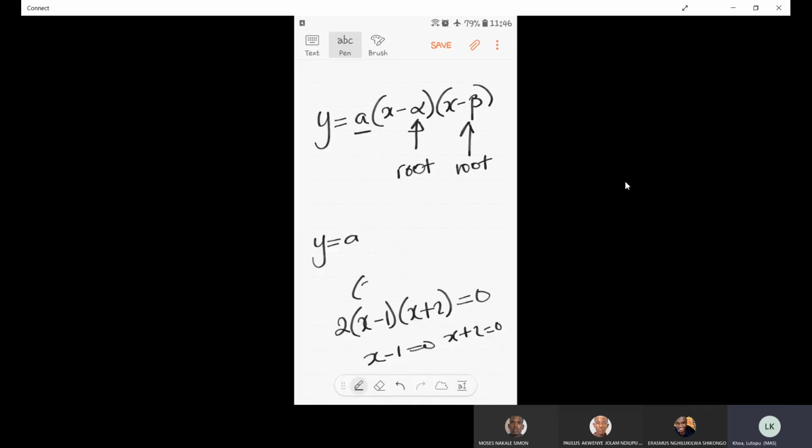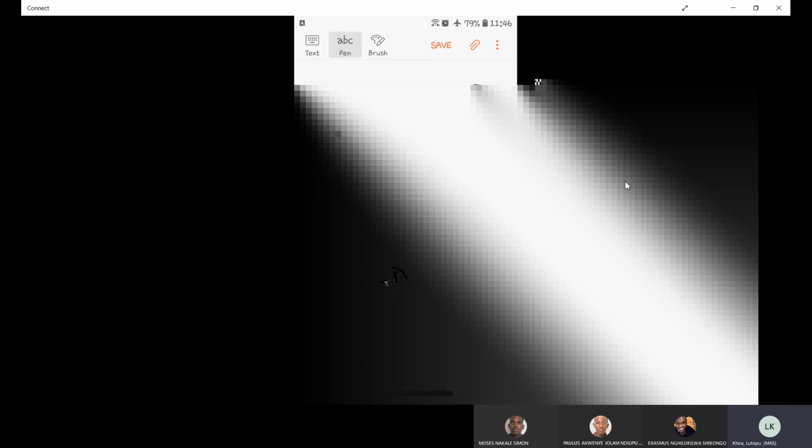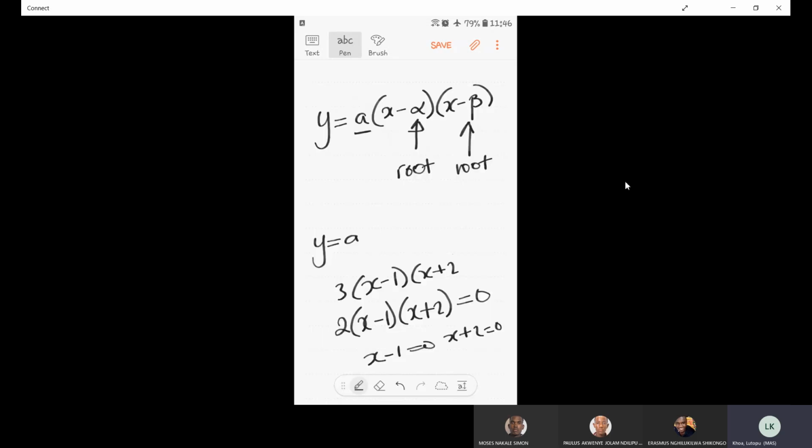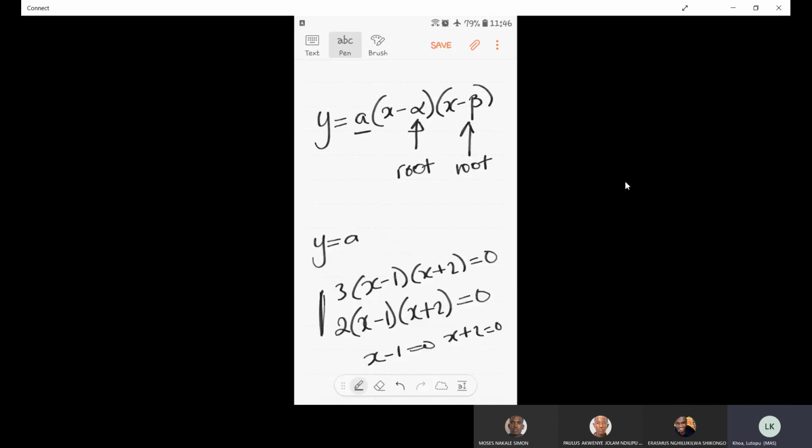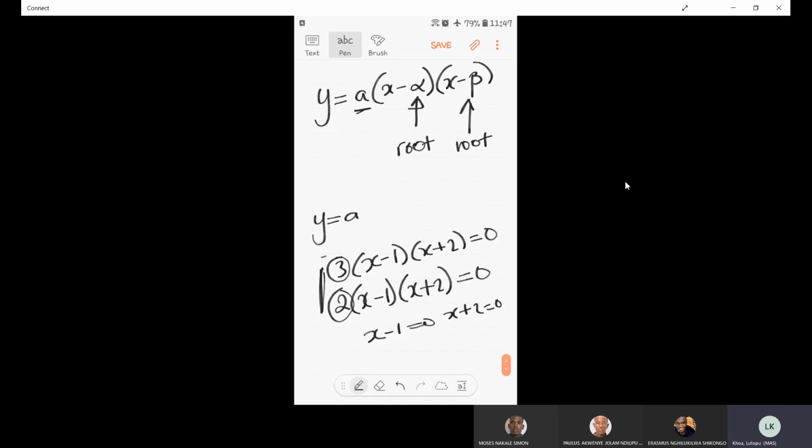And if I have another one, which is (3x - 1)(x + 2) = 0, these two equations have the same roots, but you can see they are not the same parabola, because one has a 3 there and this one has a 2 over there. So they are not the same. You must always include this a for numbers that you might have divided on both sides. That is why we put an a over there.